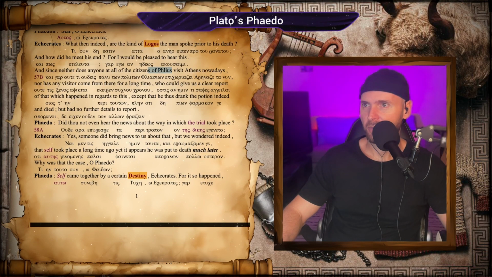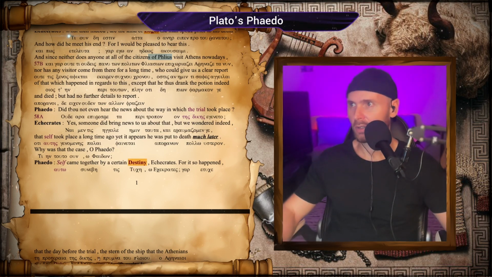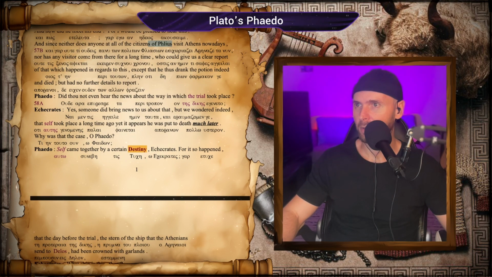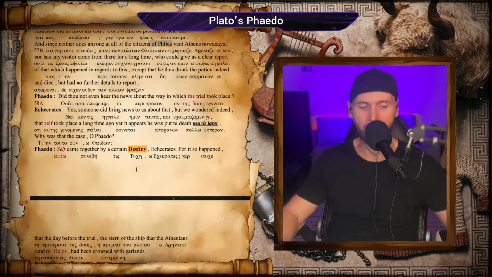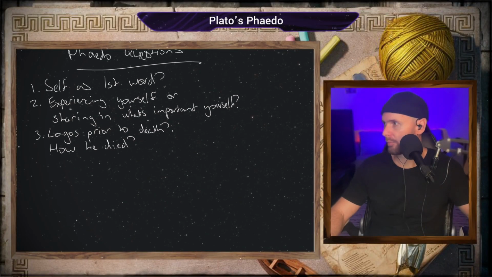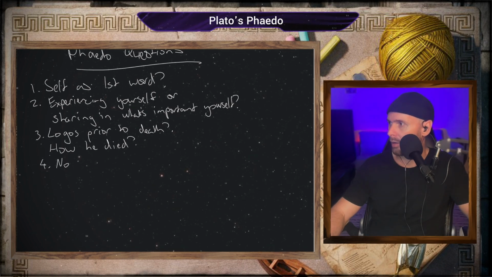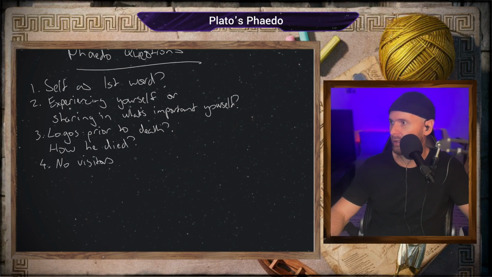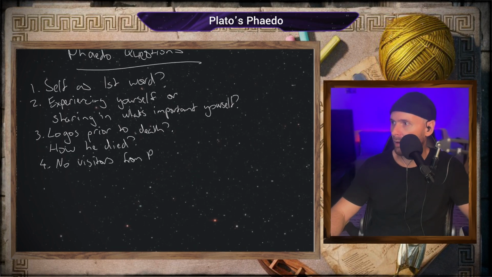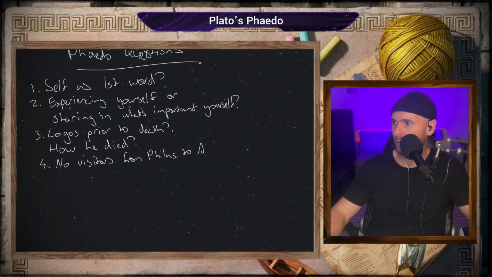Neither does any of the citizens from Phlius visit Athens nowadays, nor has any visitor come there for a long time who could give a clear report of what happened. Okay, so what's the significance of no visitors and no clear reports? No visitors from Phlius to Athens.